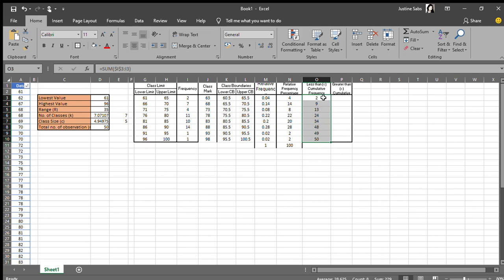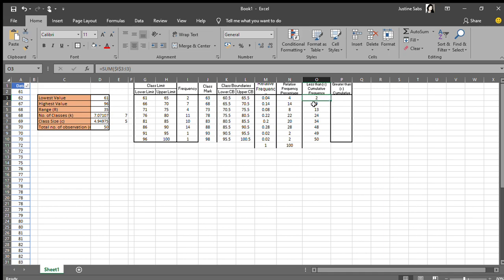What happens there, in manual, is that the first class frequency, which is 2, we just copy it to the first less than cumulative frequency. After determining that, this value will be added to the second frequency. So, 2 plus 7 would be 9.